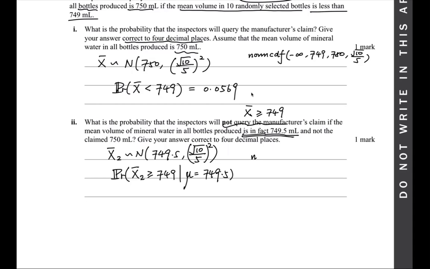So you can also use your norm CDF, but be aware of how you fill in your entries: 749 to infinity. Now it's not 750, it's 749.5, root 10 over 5, okay? So this new probability should be 0.7854024. Correct to 4 decimal places, that's 0.7854, okay?